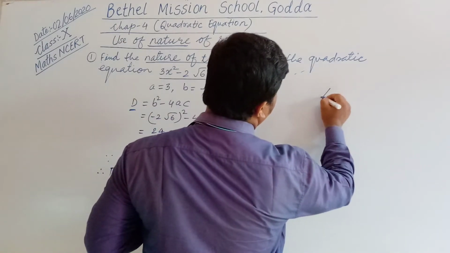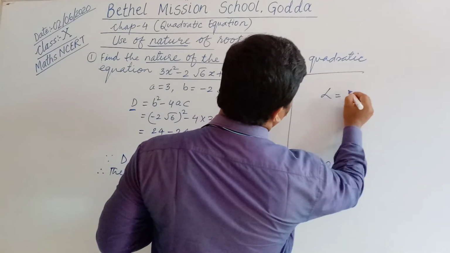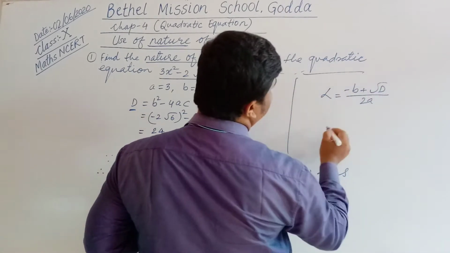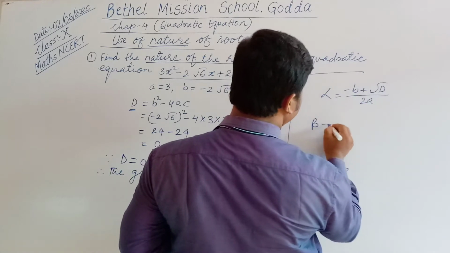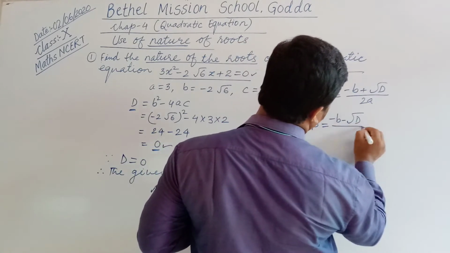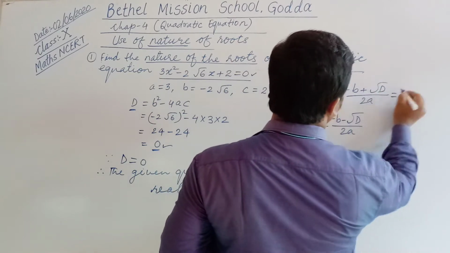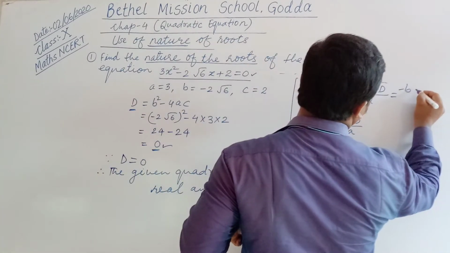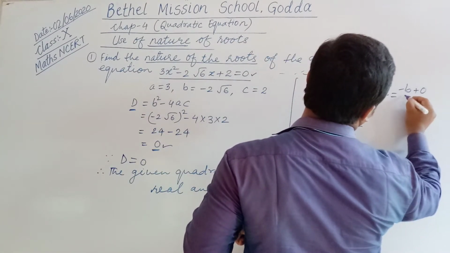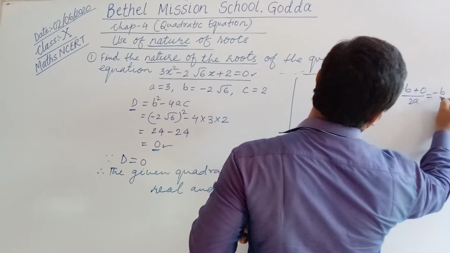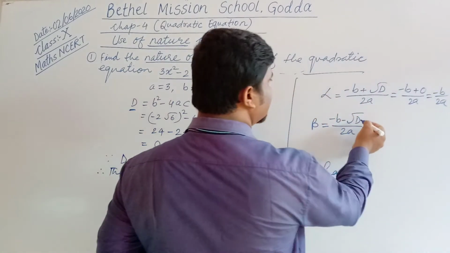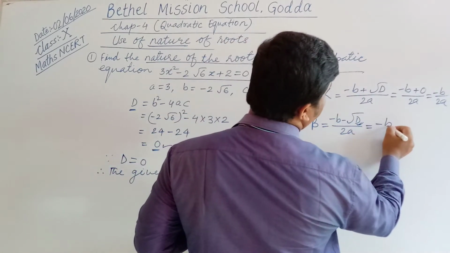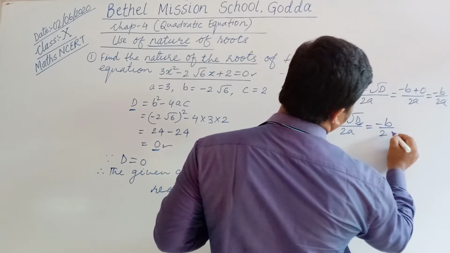And how are they real and equal? You know that alpha is minus b plus under root D upon 2a, and beta is minus b minus under root D upon 2a. Since D is 0, both become minus b upon 2a.